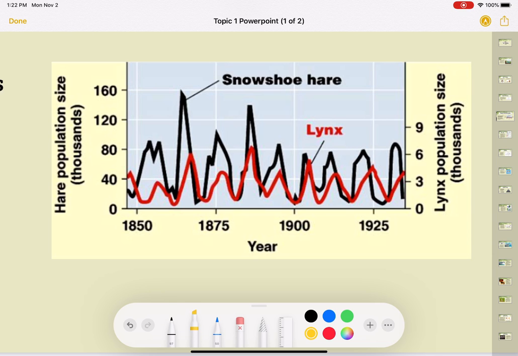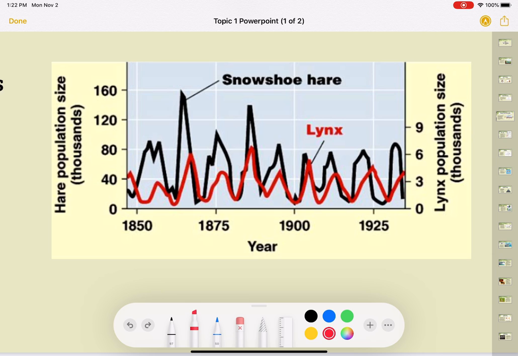So right here, we see that that's the snowshoe hare. So the snowshoe hare are pretty high up, and these ones at the same time, not so much, but they're starting to grow. So once this one starts to go down, this one actually starts to go up. And as time goes on, basically they just sort of cycle with each other.